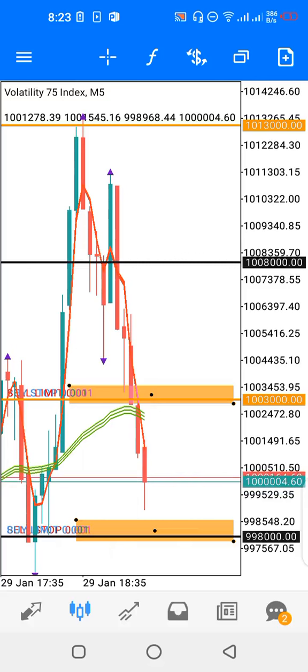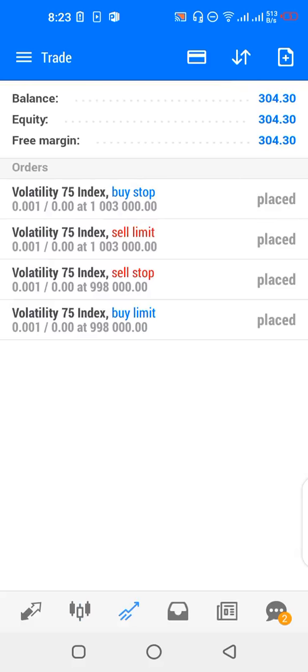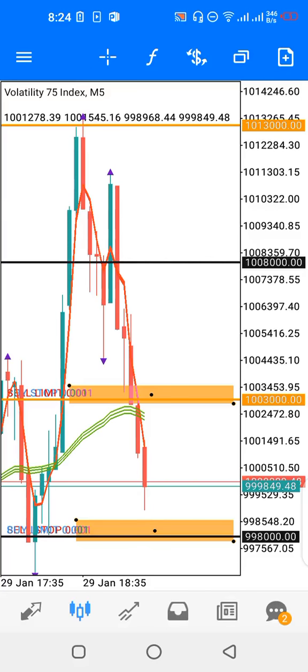So if I'm going to hedge my positions, I'll be hedging with 3 times the lot size of the starting orders. If the starting orders' lot size is 0.001, my hedge lot size will be 0.003.